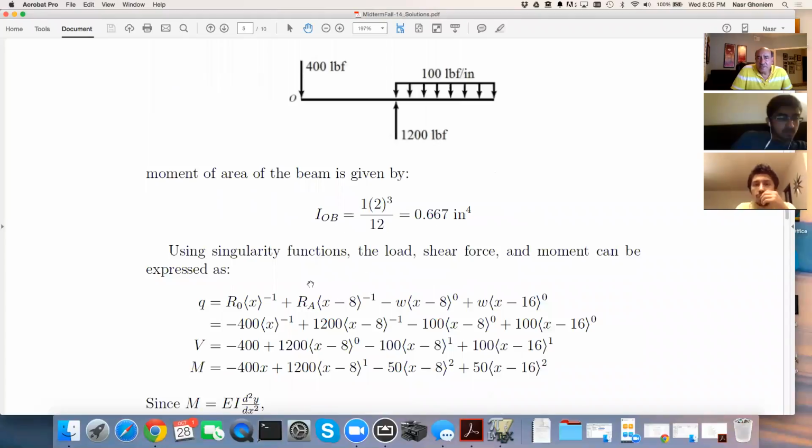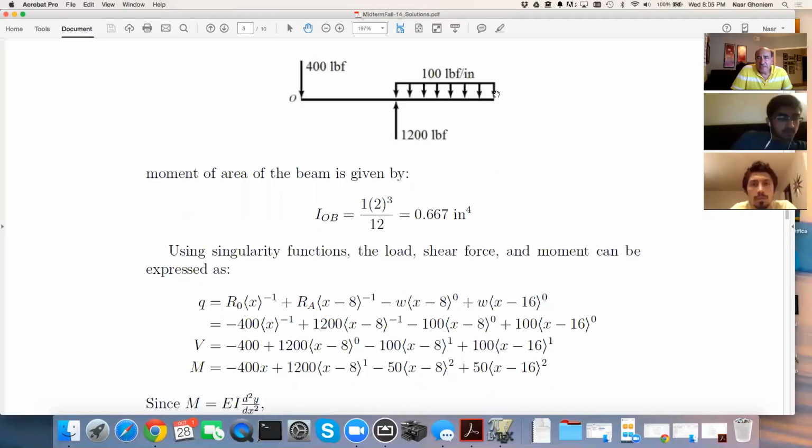First, we get the moment. We find that Q is basically R0 times x to the minus 1, because it's a delta function. RA is positive, x minus 8 to the minus 1. And then we have a uniform load that starts at 8, so it's W, which we know, times x minus 8 to the 0.